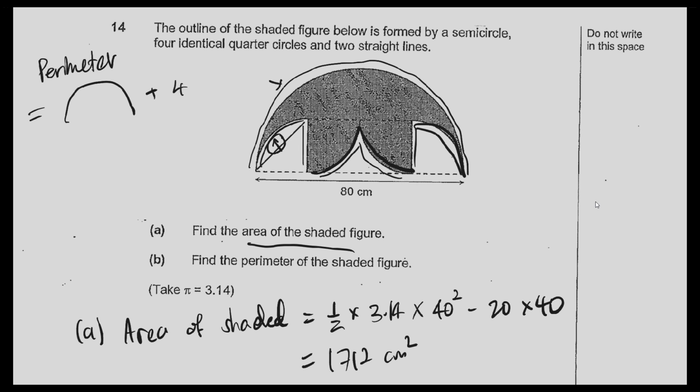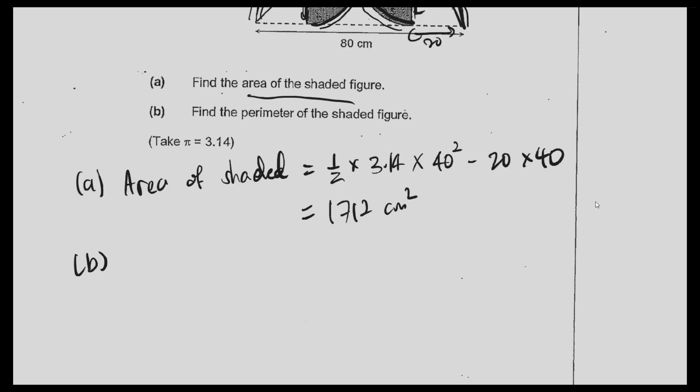So it's just 4 times this, plus what's left is just this straight line, and we have two of them, and we've also established that the length of the straight line is 20. And now that simplifies our equation so much.